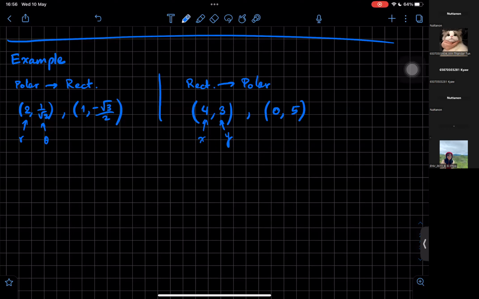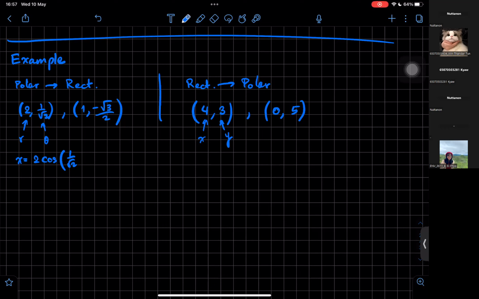Okay, so I hope you tried to do it yourself. If you want to change from polar to rectangular, then x will be 2 cos of, I'm sorry for this one. For the polar one, I didn't give you the angle. I just calculated it myself.